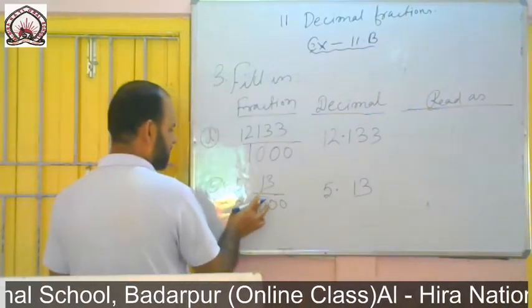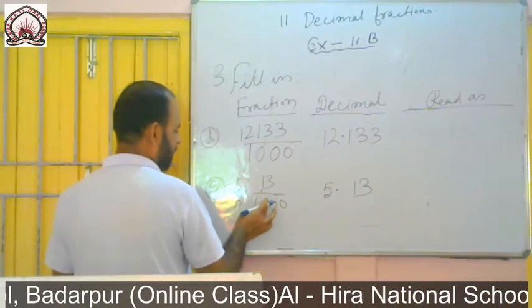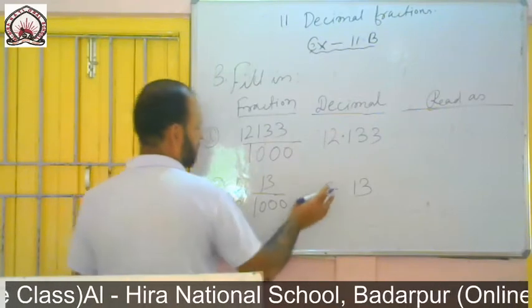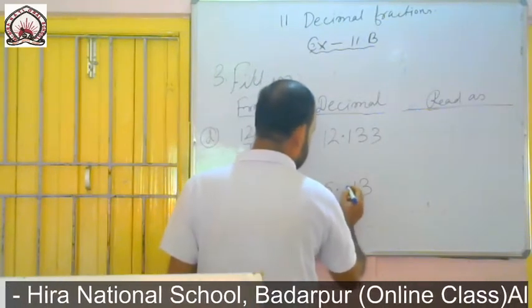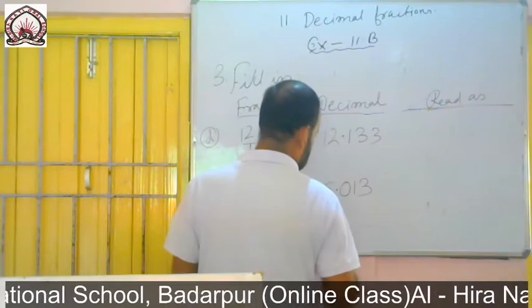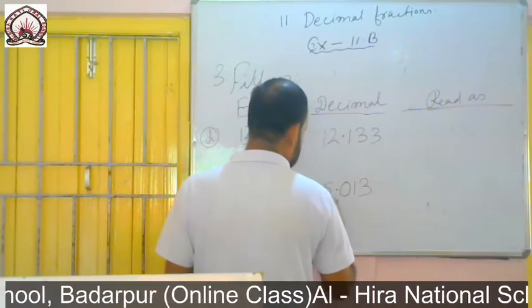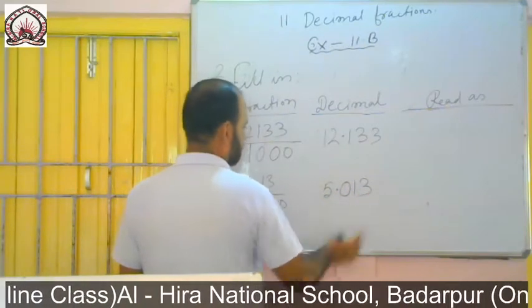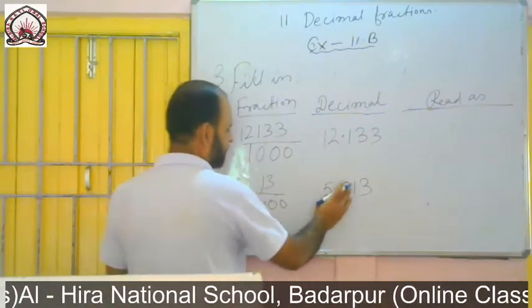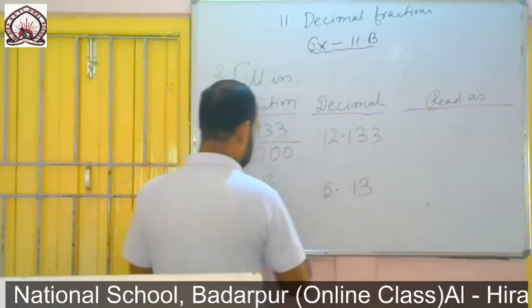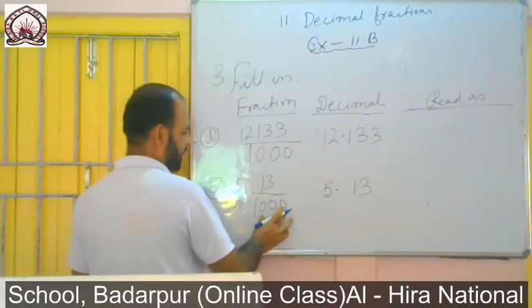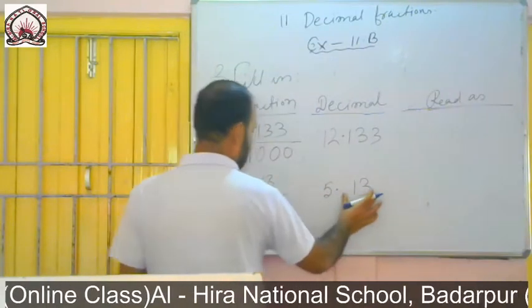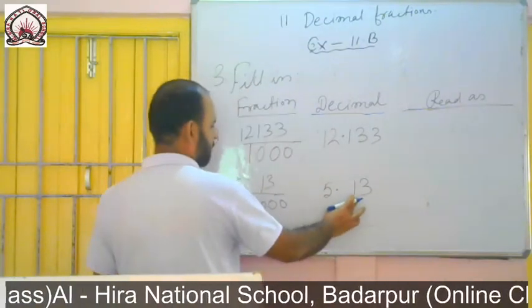How many digits? 3 zeros are there, so we need 3 digits after the point, but there are only 2.